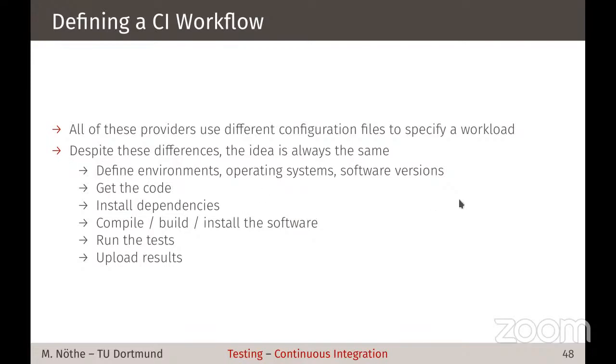So you have to define the environment, the operating systems and software versions you want to use. You want to get your code, you want to install your dependencies, you compile, build, and install your software, you run the unit tests, and then you might also want to upload results or upload a build package to PyPI, which we'll see in the next lecture on Python packaging. And this is all what a CI system can do.